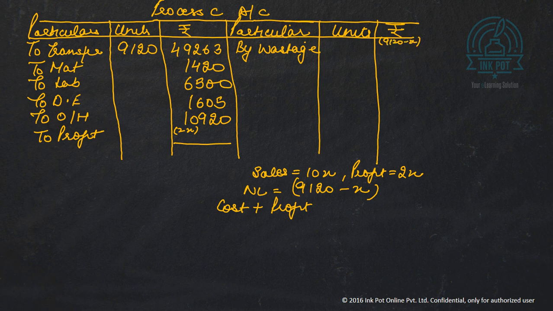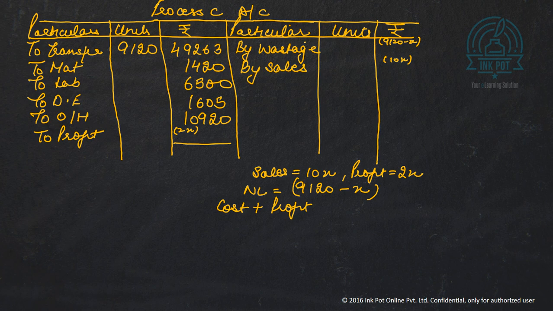I don't know the exact value of x, so I'm writing here 9120 minus x by sales, which is, again I'm writing here in 10x, right? So it is 10x. So this side should be equal to this side, right?